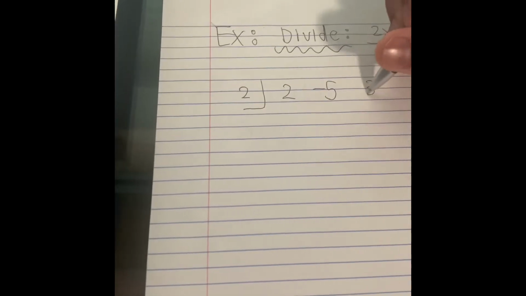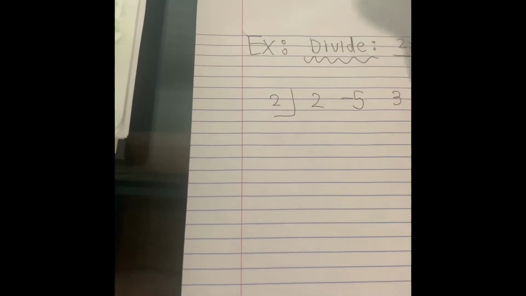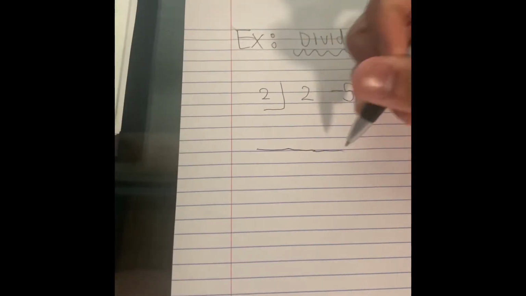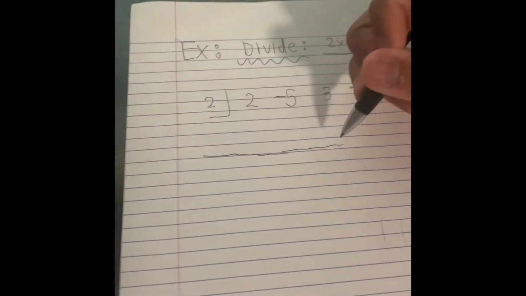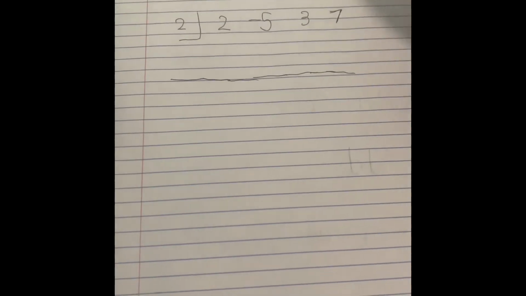Then -5, 3, 7. Next, make sure the numerator is written in descending order, and if any terms are missing, you must use a 0 to fill in the missing term. Finally, list only the coefficients in the division problem. So as you see, 2 is over here.